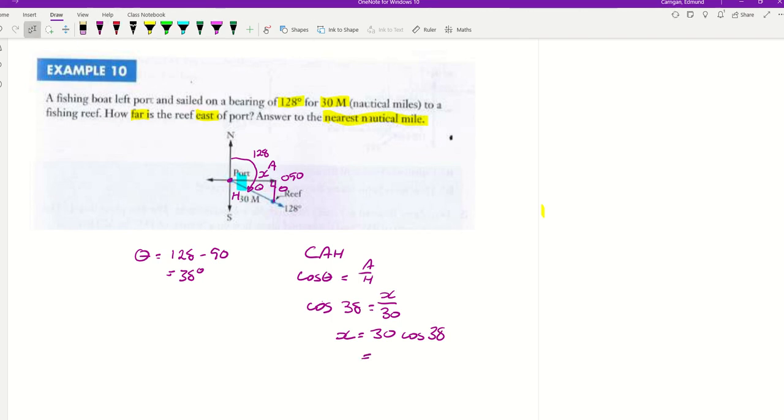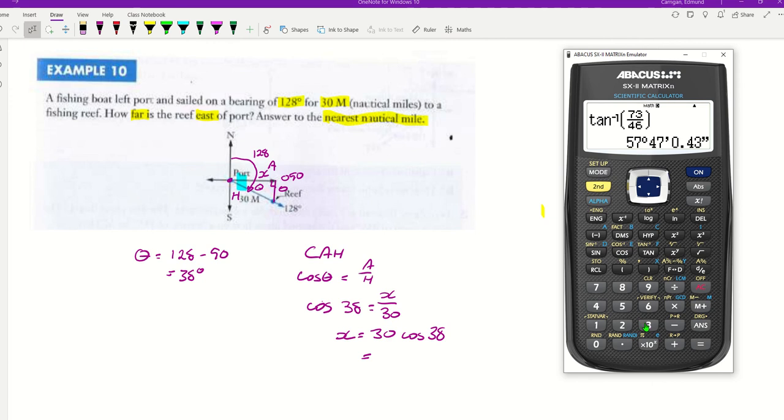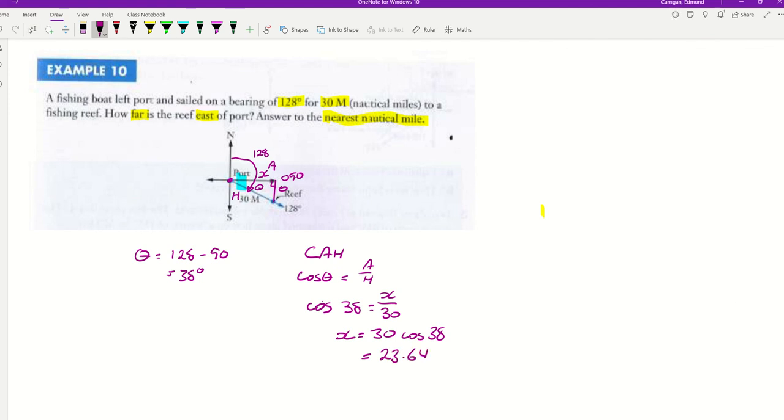Again, I'll start off this time using the abacus. 30 times cos 38 equals 23.64 miles, and it's actually the nearest nautical mile, so I'm going to round that up, equals 24 miles. So I should answer the question. The reef is 24 miles east of port.